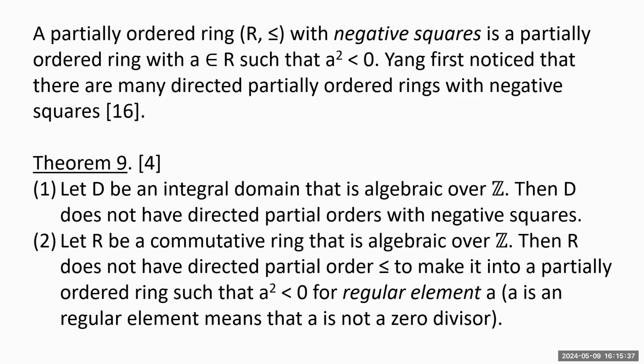Regular means it's not a zero divisor. Certainly for an integral domain, every non-zero element will be regular. So this will be a generalization, part 2 to part 1. Then we have this more general result.